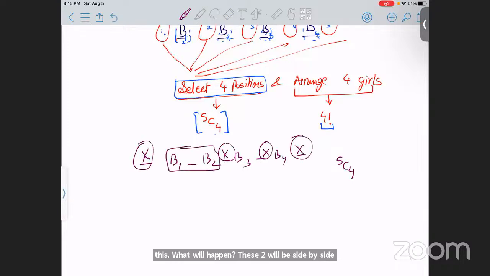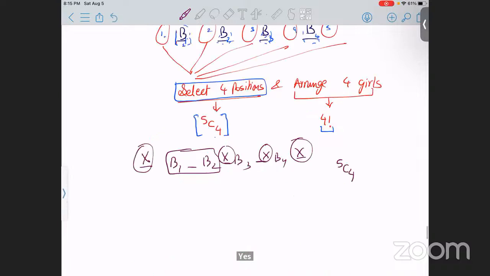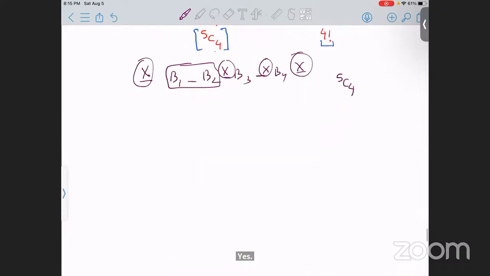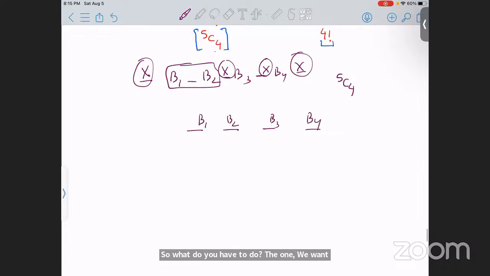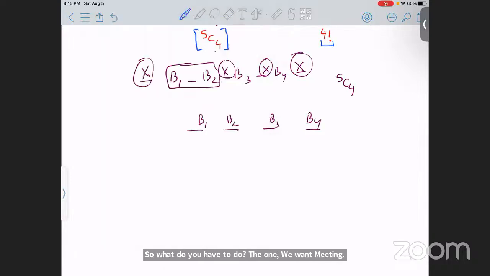But in the question they said no 2 boys and no 2 girls will be there. So what you have to do? The only possibility is 2, 3, 4: B1, B2, B3, B4. So you have to fill the girls 1, 2, 3, 4.